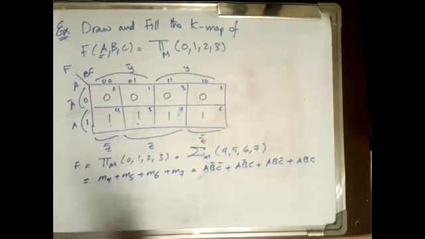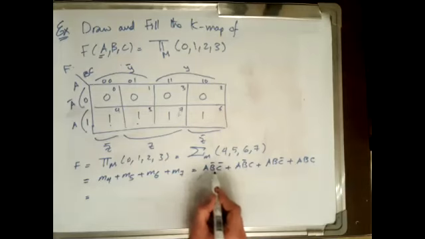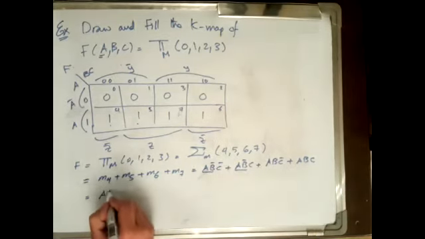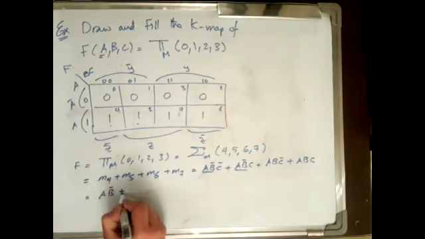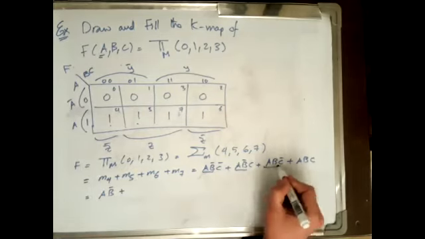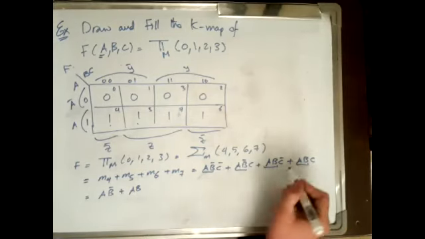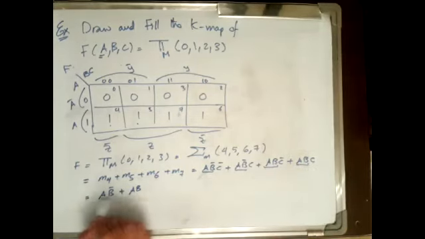If we look here, A, B bar, I can take this common factor, so it will become A, B bar. This is AB, take it out, and I will end up with A B bar, A B.